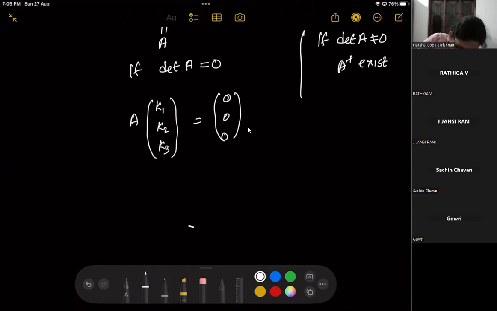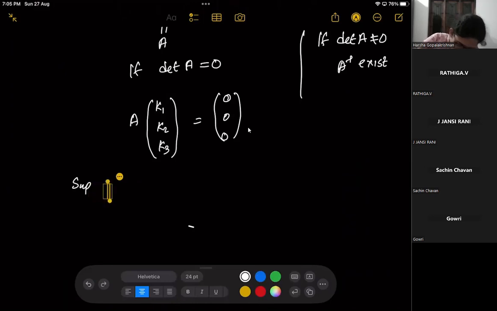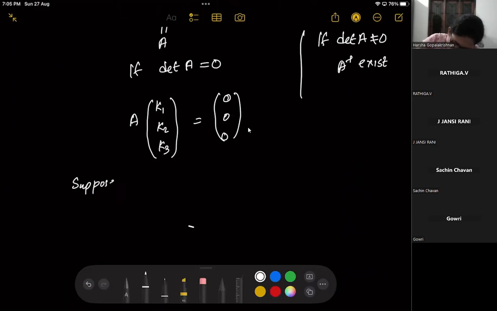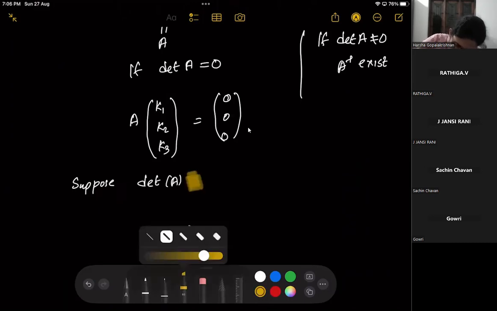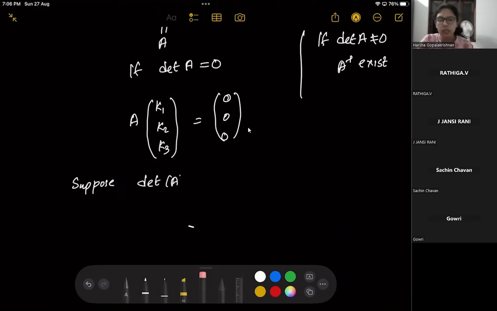Suppose determinant of A is not equal to 0. Then what we can say is A inverse exists, right?